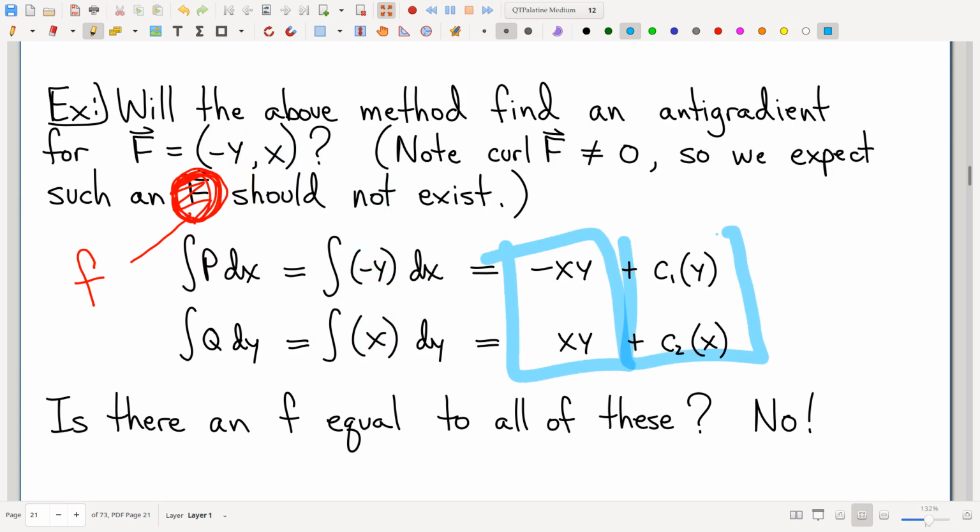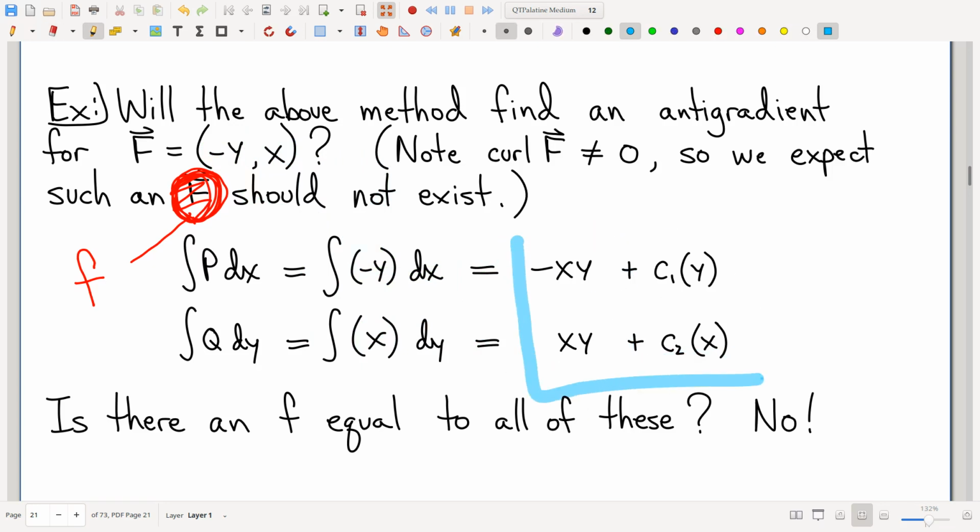And don't forget your integration constants. And here's the game. What can I pick to be those partial constants so that both of these lines will be equal to each other? And I think you can see the cards are stacked against us here. There's no way to win this game. We lose. Thankfully. Right? Again, you don't want to find something when you know it doesn't exist.